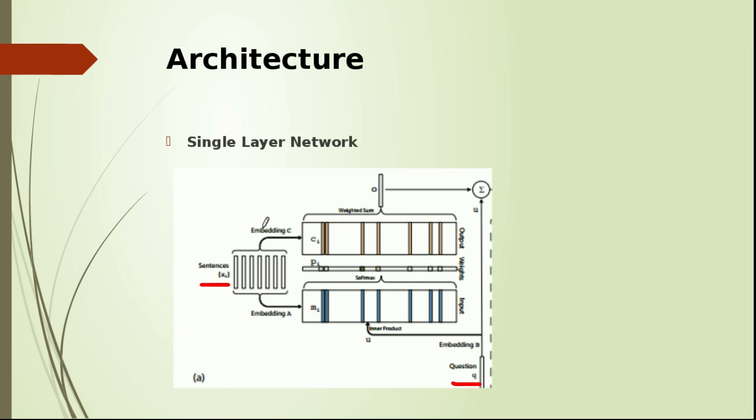The sentences are converted to word embeddings, word embedding A, word embedding C. The question is converted to word embedding B. Now the word embedding B and A pass through a layer which ultimately passes through softmax. Softmax is just an activation function which calculates the probability of an event happening. Then the word embedding C passes through a weighted sum, and after here it predicts what should be the answer.